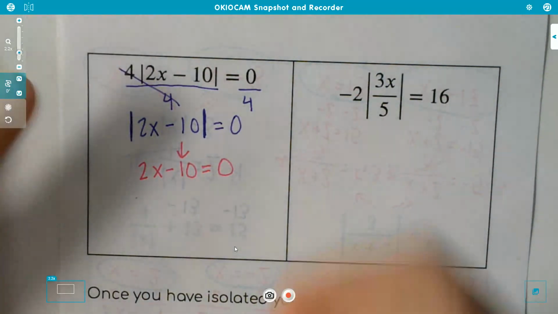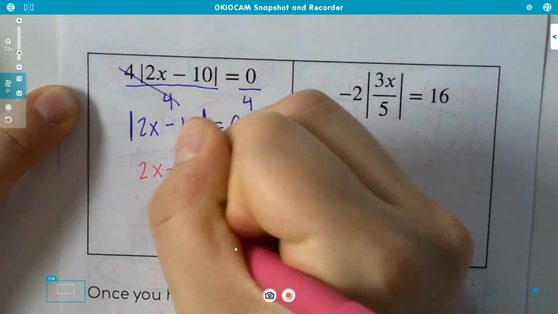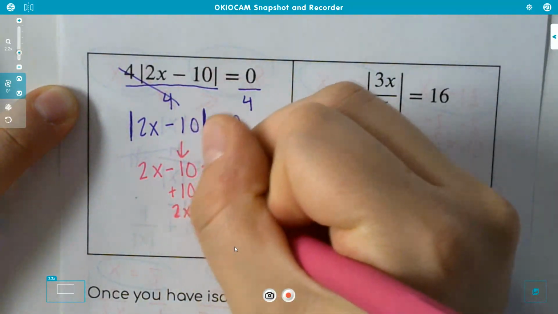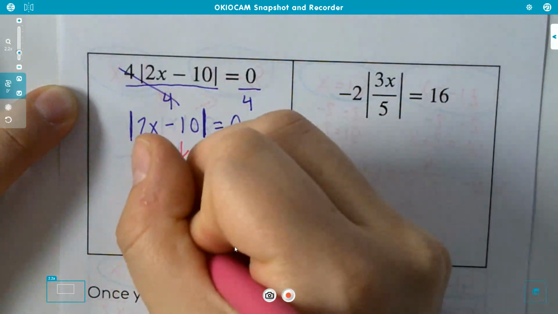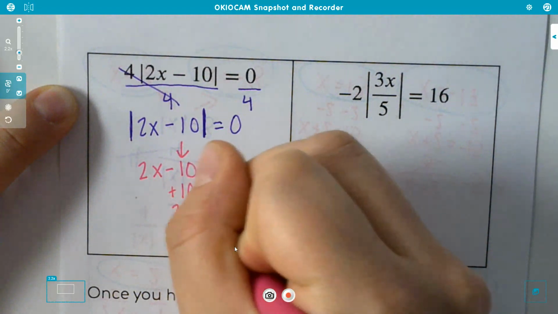So we're going to add 10 to both sides. We get 2x equals 0 plus 10 is 10. And then we divide both sides by 2. We get x equals 5.